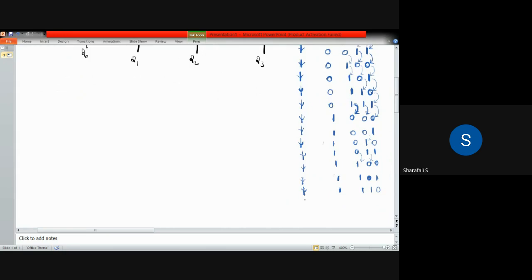For the next clock pulse, it will be changing from 0 to 1, so it is the positive edge of the Q0 value, and this will be retaining the same, so all the other values will be retaining as they are.